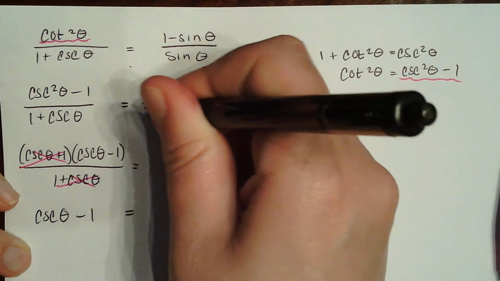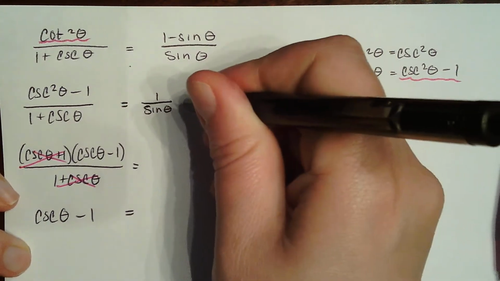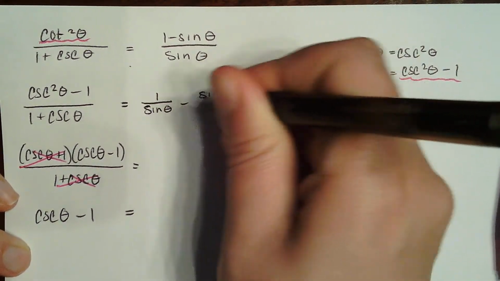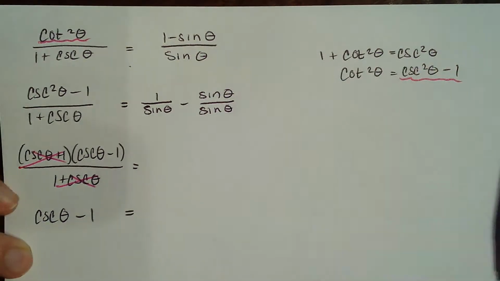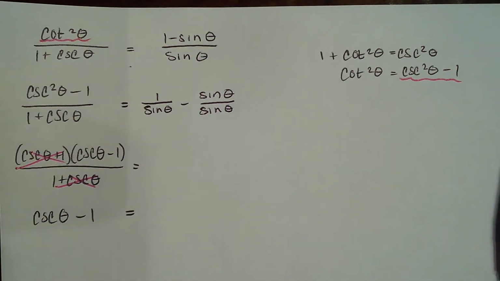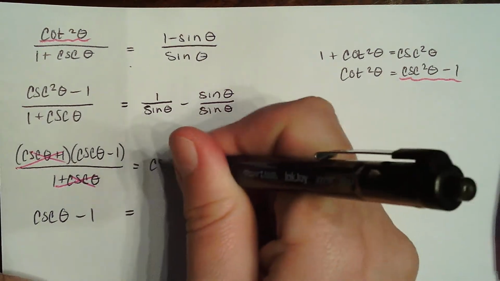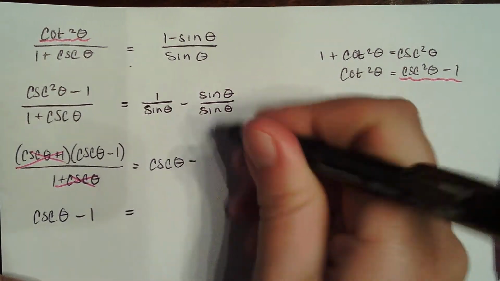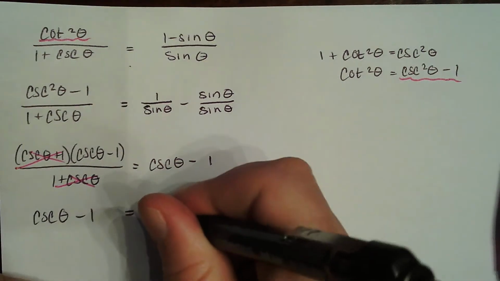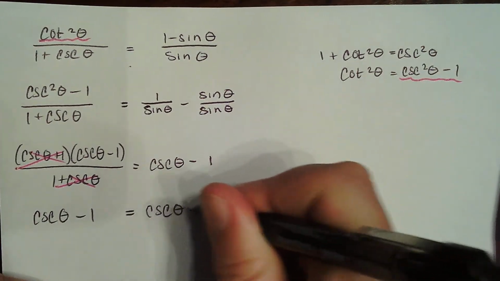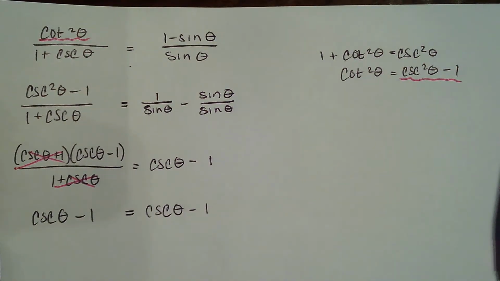So 1 over sine theta minus sine theta over sine theta. And that works out really nice because 1 over sine theta is cosecant theta, and sine over sine, of course, is just 1. There it is. So the right side was a lot easier than the left side.